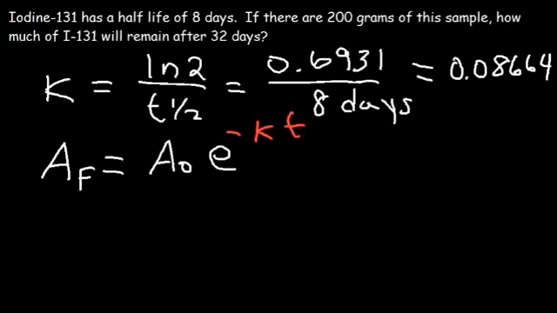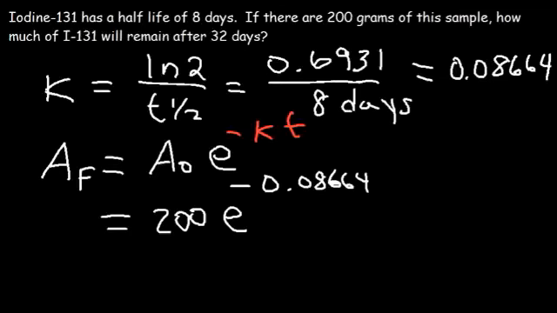The amount of iodine that remains unchanged is decreasing over time. So that's why we have the negative sign. So the initial amount of iodine-131 is 200. The rate constant k is 0.08664. And we want to find out how much is going to remain after 32 days. So t is 32.